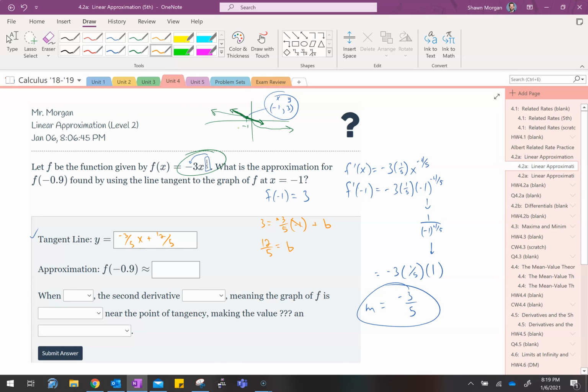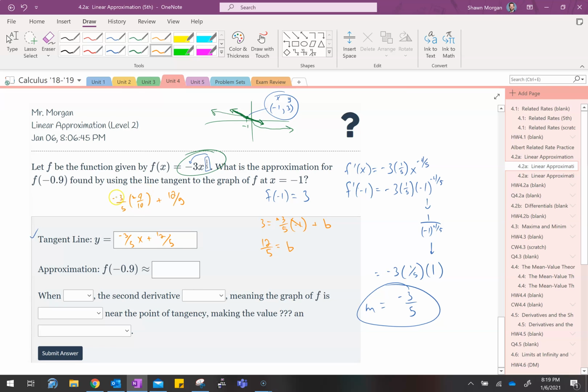Now we want to use that to approximate what happens when x is negative 0.9. So in other words, I'm going to plug in, instead of x, negative 0.9, and then see what shakes out. Now negative 0.9 is negative 9/10. Let me see if I can do this without having to resort to using a calculator.